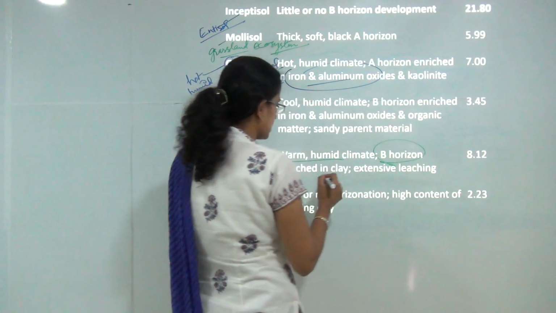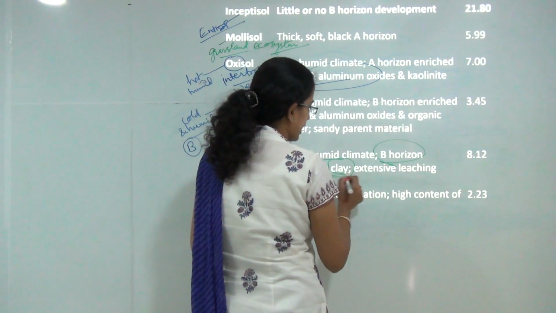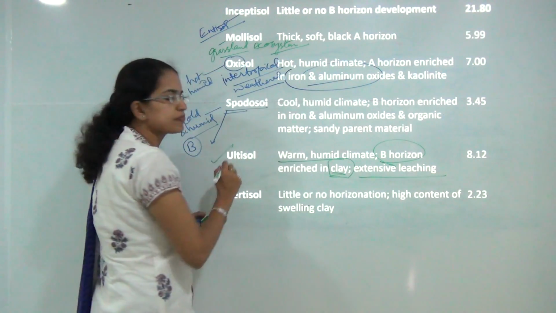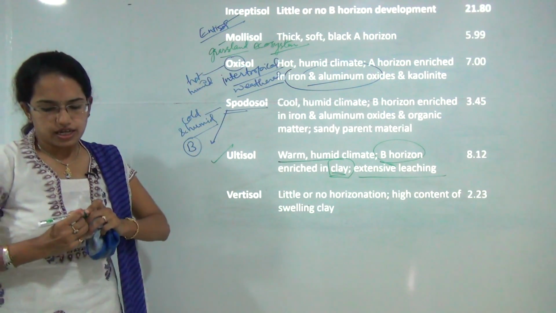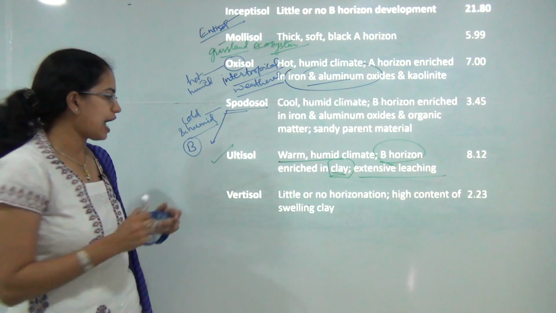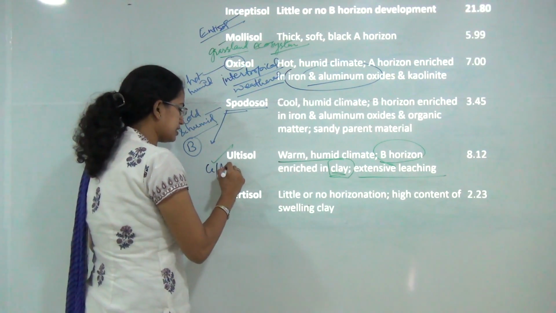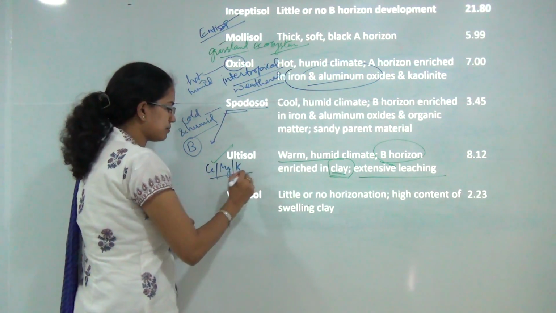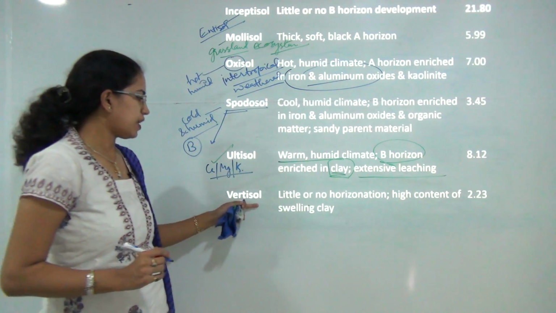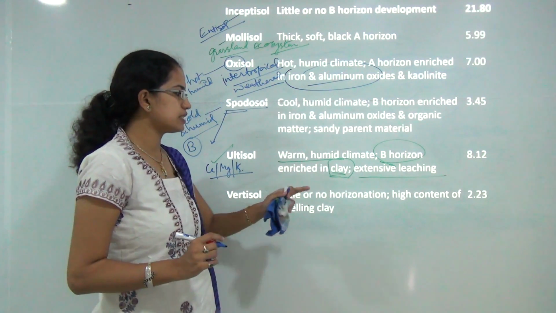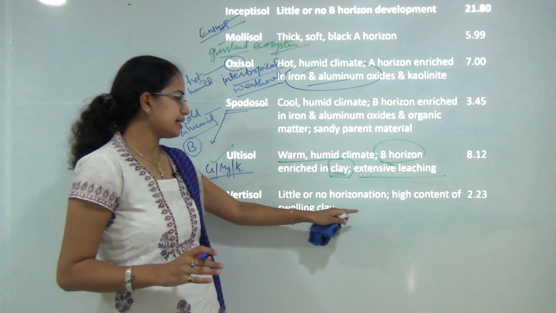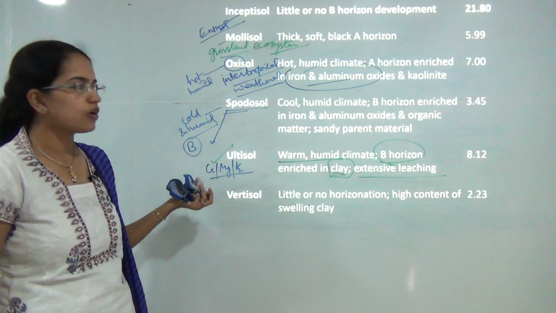Mainly B horizons are developed with a lot of clay and extensive leaching is seen in case of Ultisol soils. It is a result of intense weathering and deposition of calcium, magnesium and potassium ions. Finally, you have Vertisols, which have no horizon and a very high content of clay.